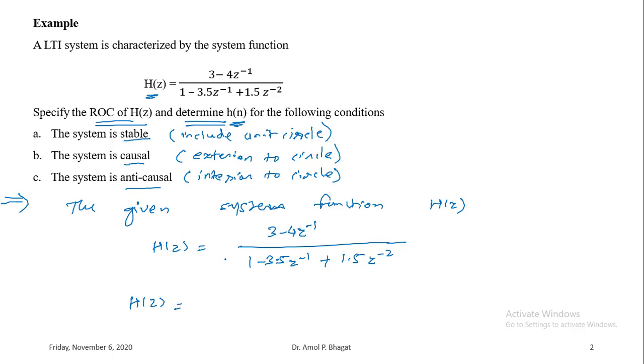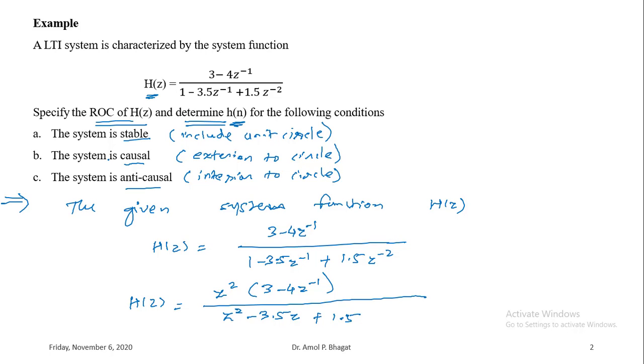And if I am sending z to the power minus 2 from the denominator to the numerator, it will be z square. So it will be 3z square minus 4z, right? So I will simply write it down as z square (3 minus 4z inverse) whole upon z square minus 3.5z plus 1.5, right?